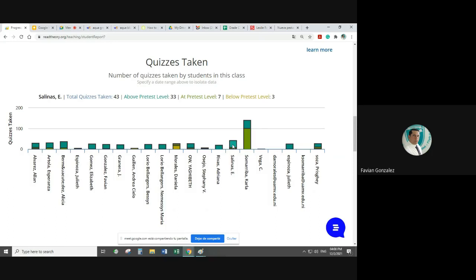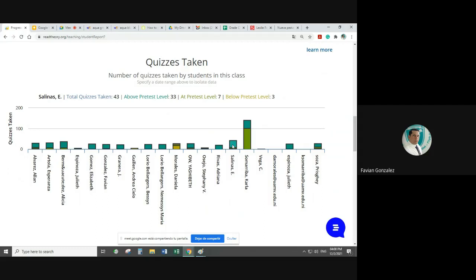When I hover over Salinas' name, I have this information bar on top where I can see the number of quizzes or passages that she has taken. So in blue, in my period from November 9 to December 11, she took 43 passages in total.